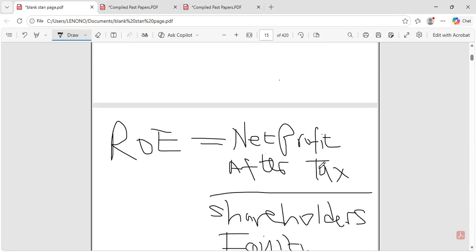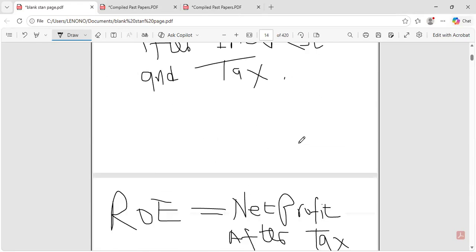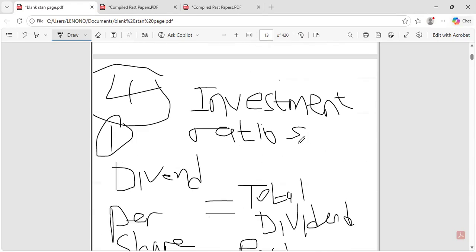All right, so these are the ratios that fall under investment.